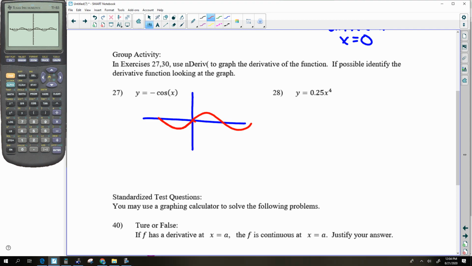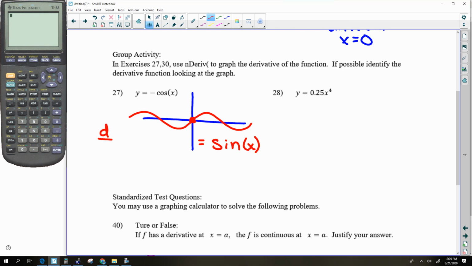So what does that graph look like? What does a swoopy line that starts at the origin look like? That looks like a sine. Oh yeah, it looks like sine.